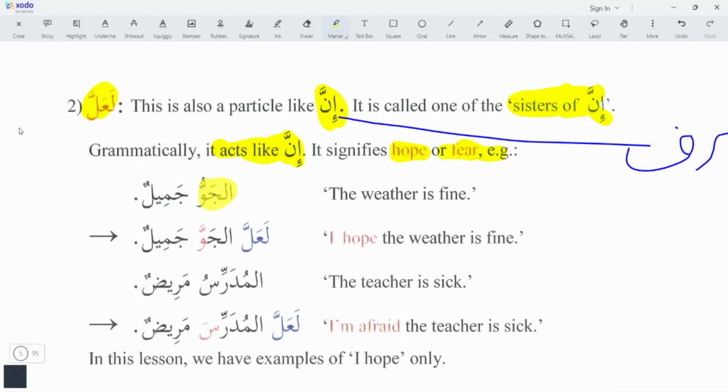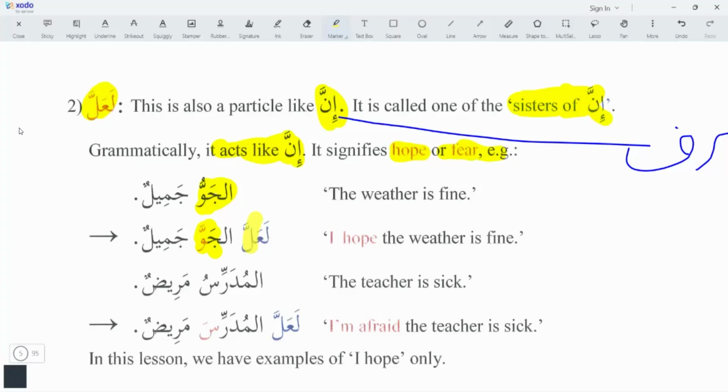Al-jawwu is mubtada and jamilun is khabar. This is jumlatul ismiyyah. And when we use la'alla with the jumlatul ismiyyah, it becomes la'allal jawwa.